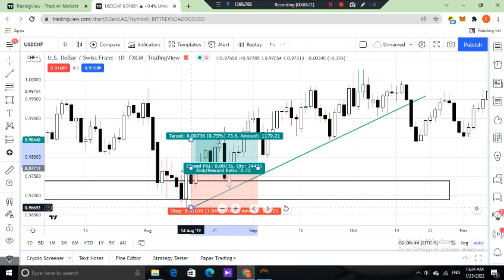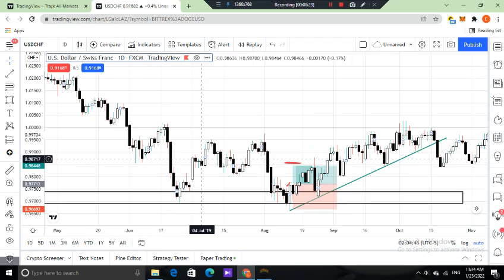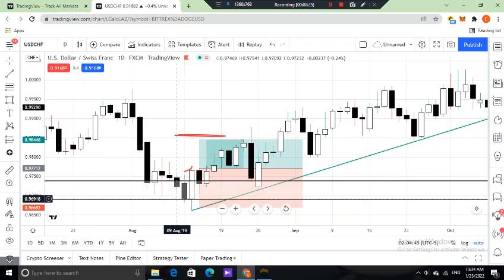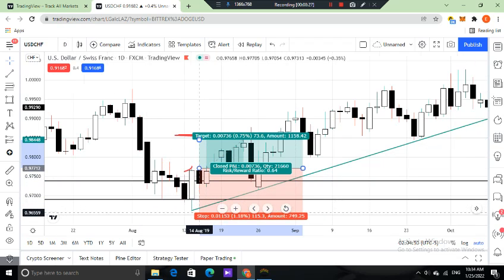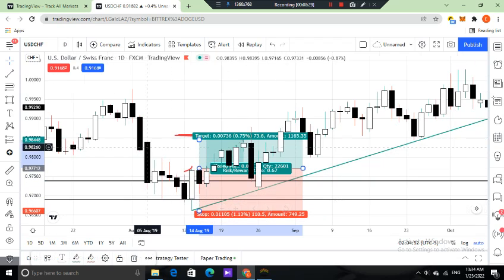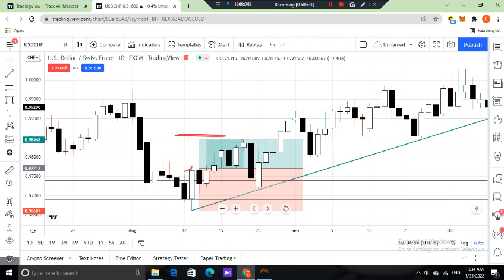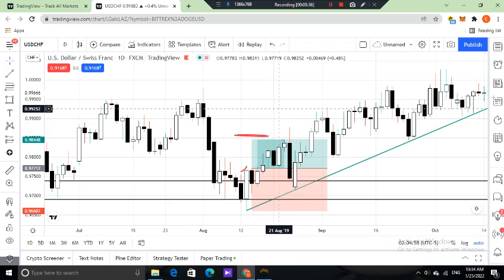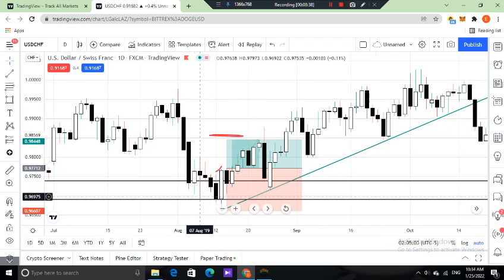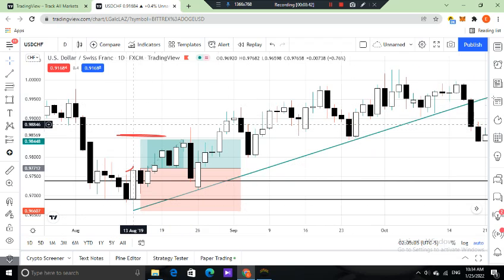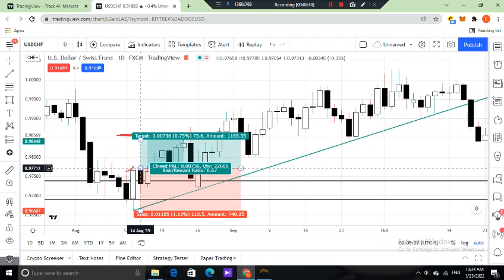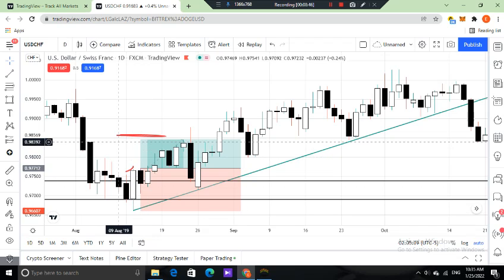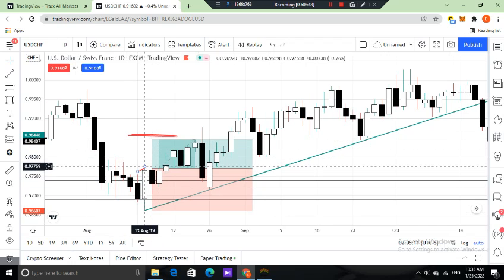And where should you leave your stop loss? I say below this shadow, below this tail, because it's your signal bar, and below your current leg. So you leave the stop loss below this tail, and you enter the position at the close of this candle.